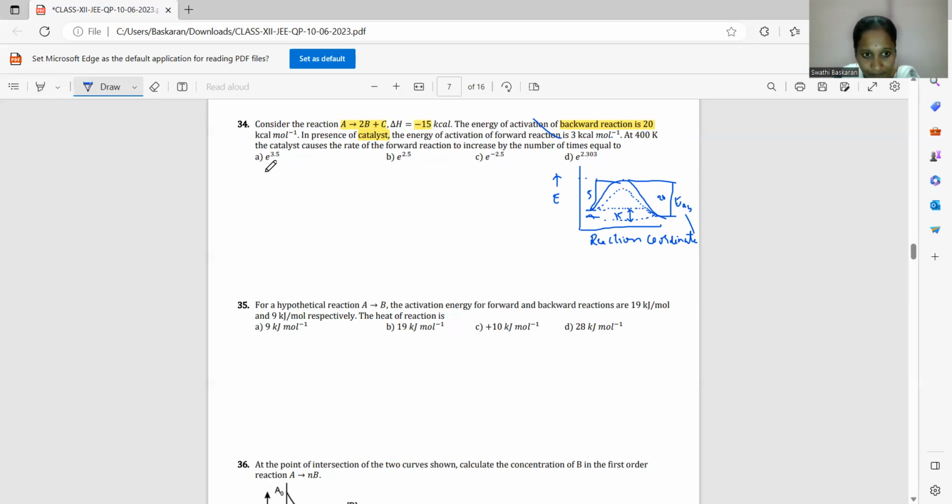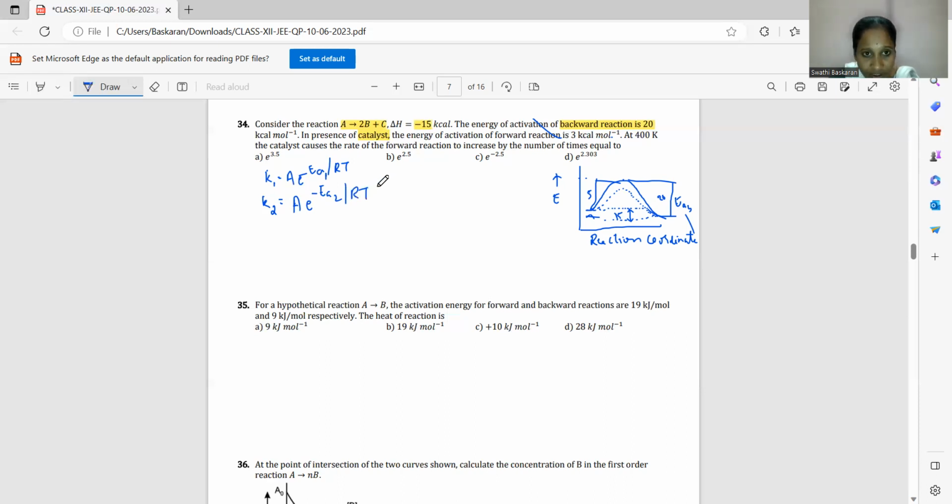Now accordingly, we have to make two different equations from the Arrhenius equation. Let us make K1. I'm assuming K1 is equal to A e to the power minus EA1 by RT, and similarly K2 is equal to A e to the power minus EA2 by RT.